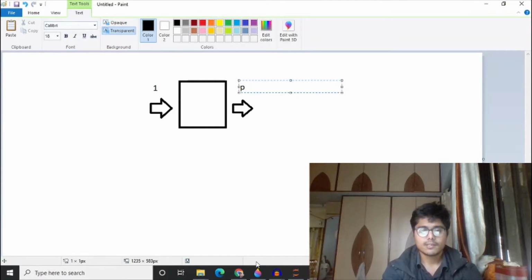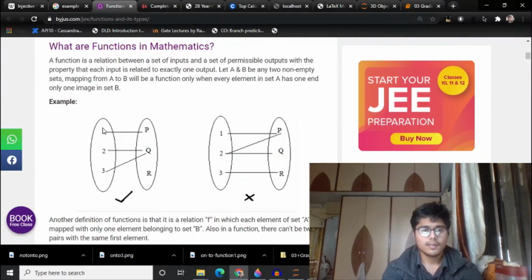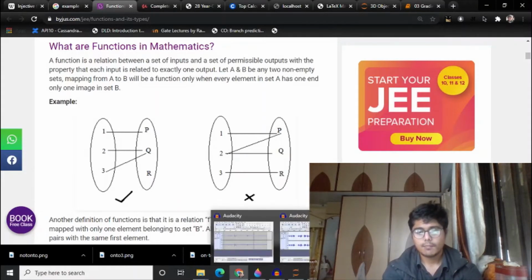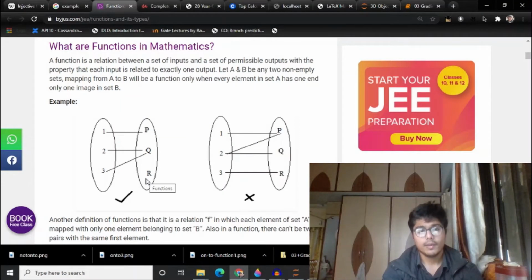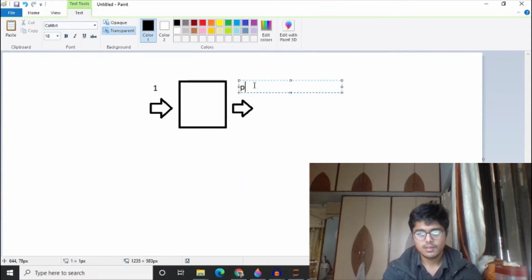The numbers in this ellipse are called the domain. They are the values that I'm going to provide as input to the function, meaning they will be at this side of the machine. I will put these values in for the function to calculate. And this is known as the codomain, which are the values appearing as output.